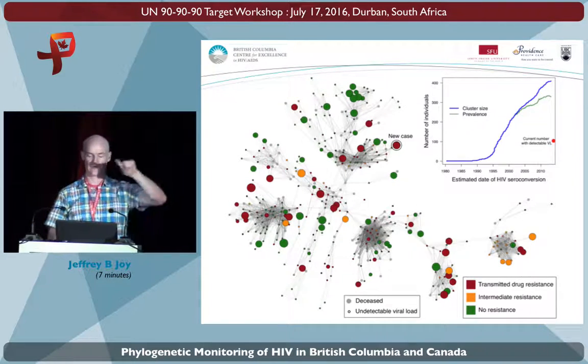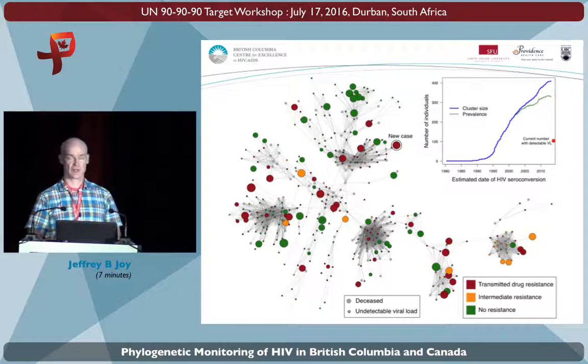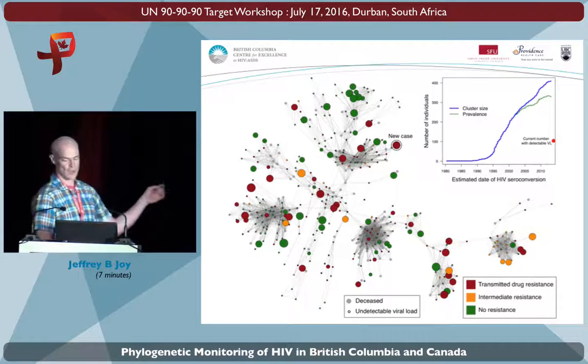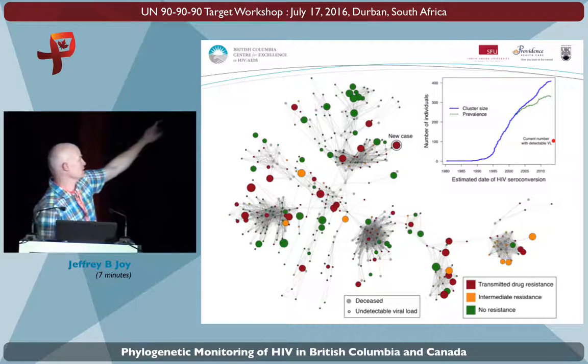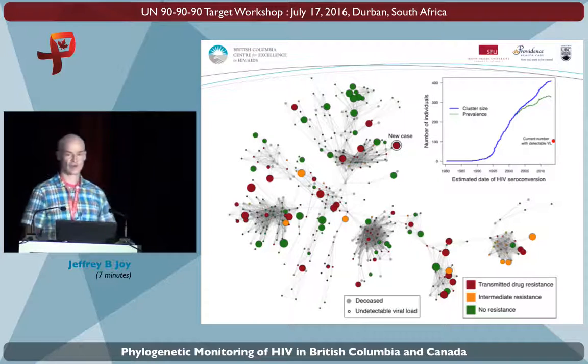If there's a line around the outside, it represents a new case. And the color, if it's green, it means it's not drug resistant. If it's red, it means it likely is a case of transmitted drug resistance. And if it's orange, it represents intermediate resistance. And the plot in the upper right corner is sort of a tracking of what's happening to that cluster over time.